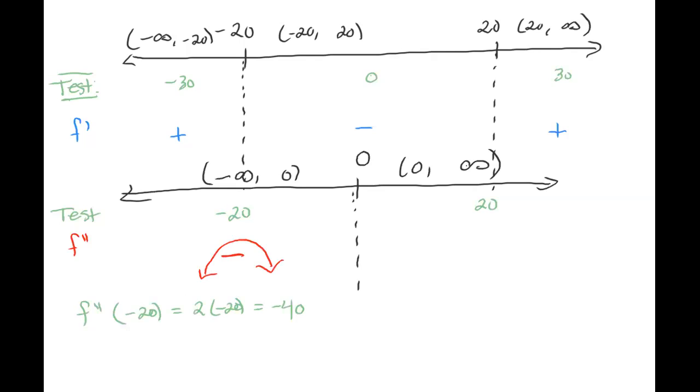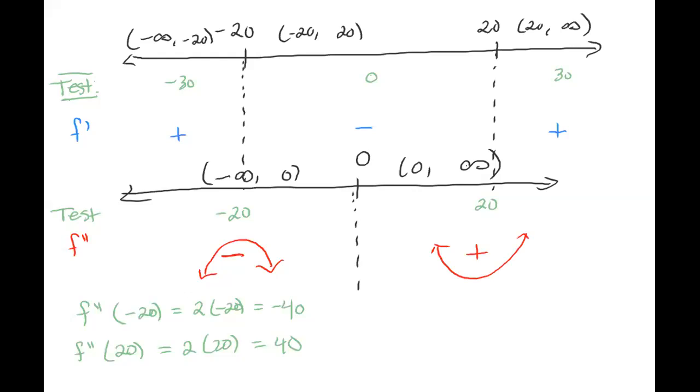And similarly, f prime prime of positive 20 is equal to 2 times 20, which is positive 40. I really care about it being positive, so that means the graph is concave up in this interval.